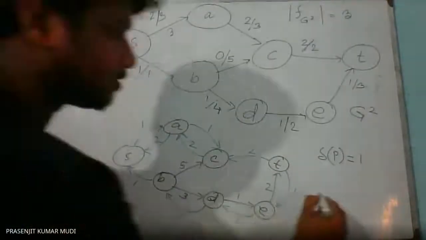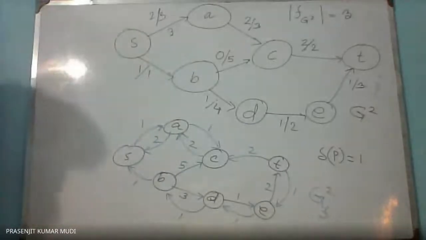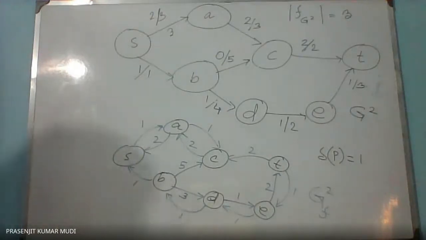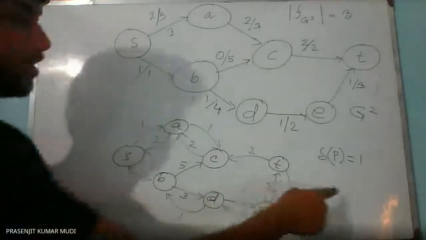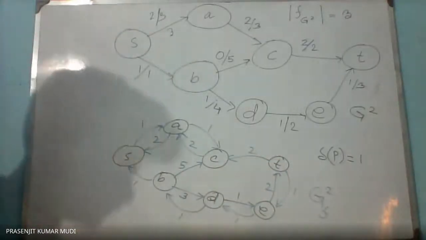Is this correct? ঠিক আছে? Yes, sir. Yes. Fine. So this is the residual network. So can you now find any augmenting path over here?